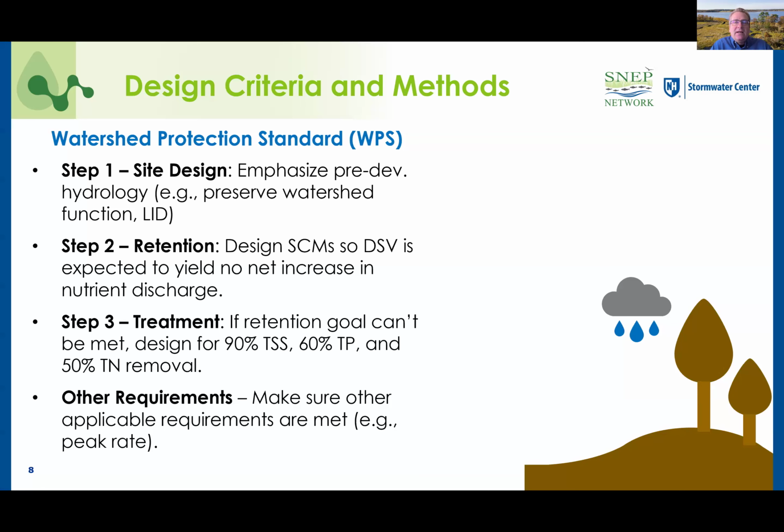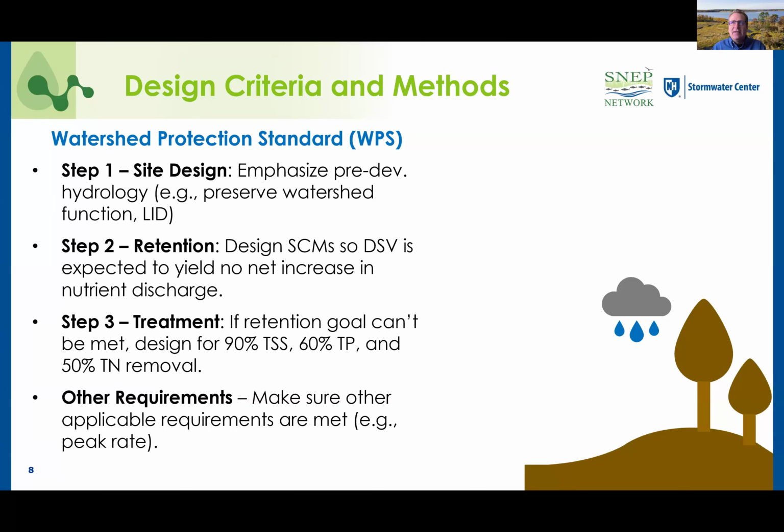Just to give you an idea, we're still looking for the first communities to adopt the watershed protection standard. There's technical assistance that's out there, whether it's through the network or through the water TA program through NEWWIN, and we'll talk more about opportunities to engage with those partners later. But it has been implemented, at least in the guidance of the updated New Hampshire Stormwater Manual.